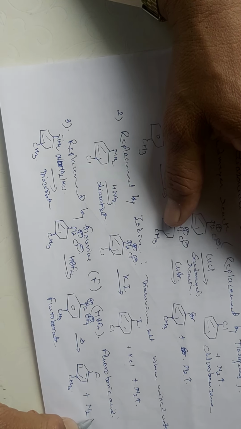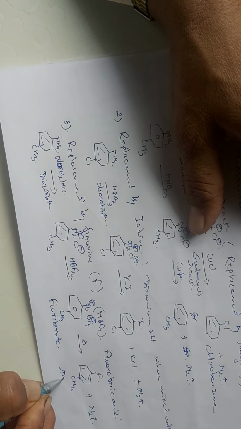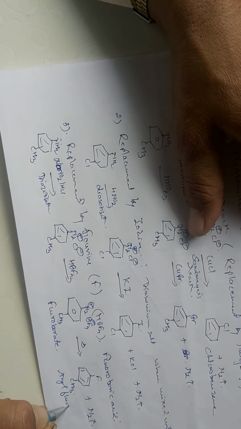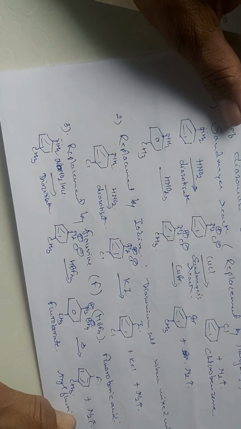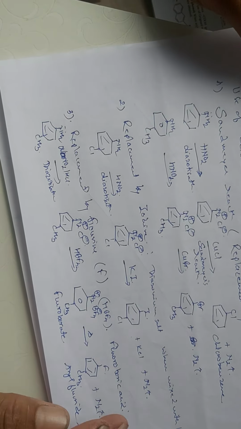And in this way we can get the aryl fluorides. So these are the important reactions in which the aryl halides are prepared.